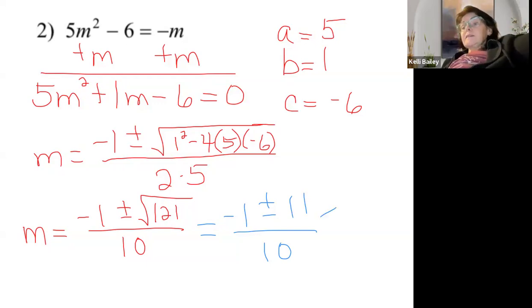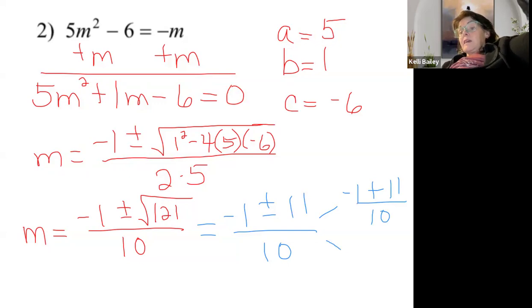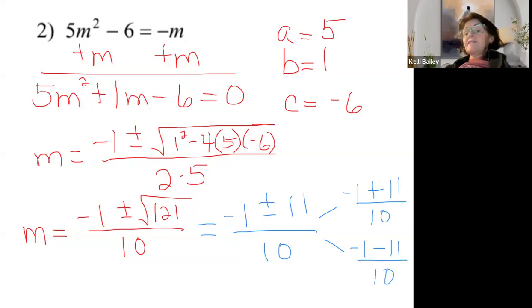So I have to write negative 1 plus 11 over 10, and I have to write negative 1 minus 11 over 10. Okay, so negative 1 plus 11 is 10. I ran out of room. So this one, I'm just going to put that answer up there. That's 10 over 10, which is 1.